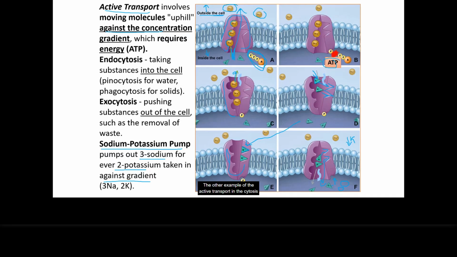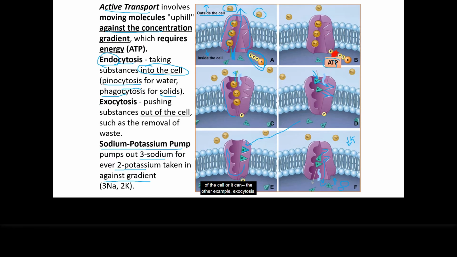The other example of active transport is endocytosis, when we're taking substances inside of the cell. Endo means inside. Examples are pinocytosis, when we're moving water inside, or phagocytosis, where phago means eating and cytosis refers to the cell, so we're moving solid or food particles inside of the cell.